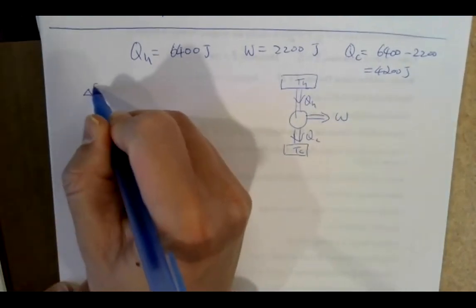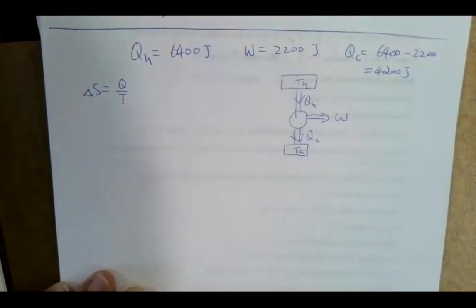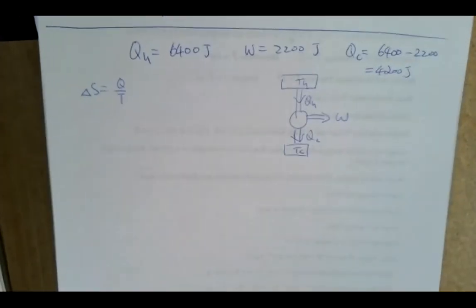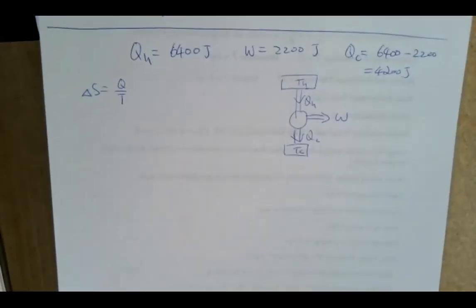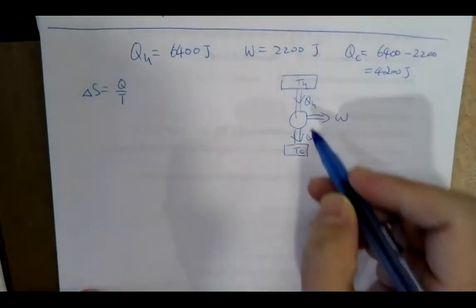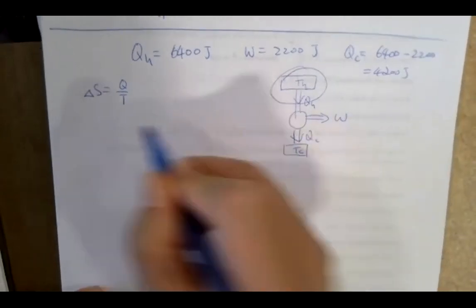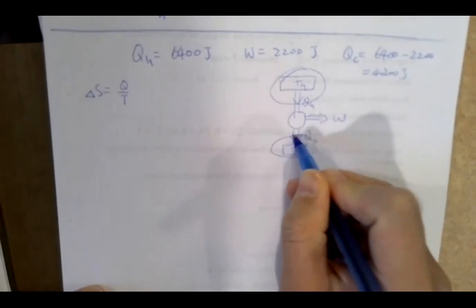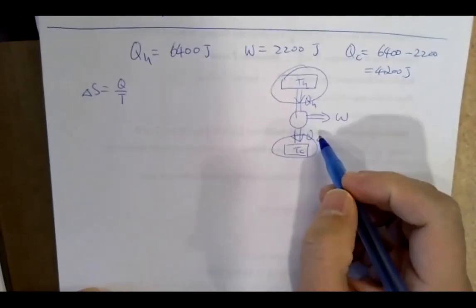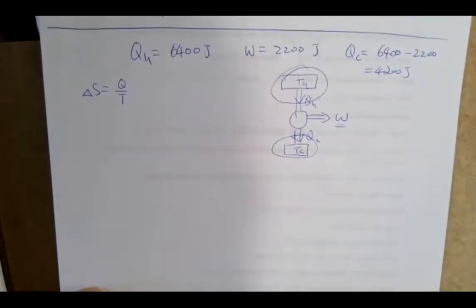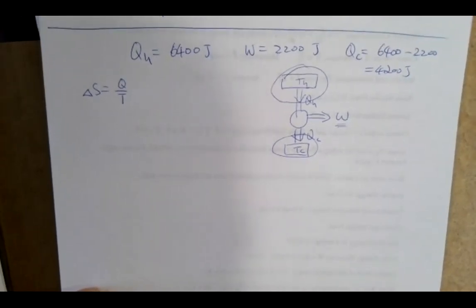So delta S equals Q over T. That's the entropy change definition. Let's look at the total entropy change here. We should account for the entropy change of the hot reservoir, and also the entropy change of the cold reservoir, just Q over T. This is W. It's not Q, and it doesn't even have a temperature, so we don't count it.